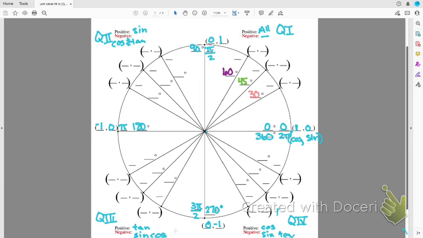What is the cosine at 90 degrees? 0. Because cosine is what value? X. What is the sine at 90 degrees? 1. What is the sine at 270? Negative 1. What's the cosine at 270? 0. What is the cosine at 180? Negative 1.